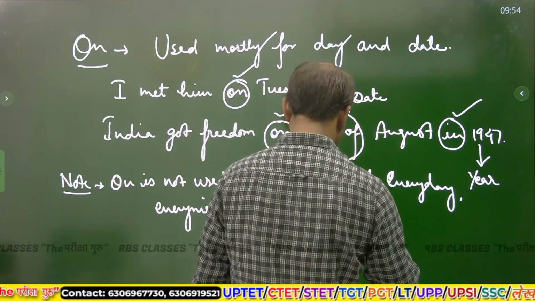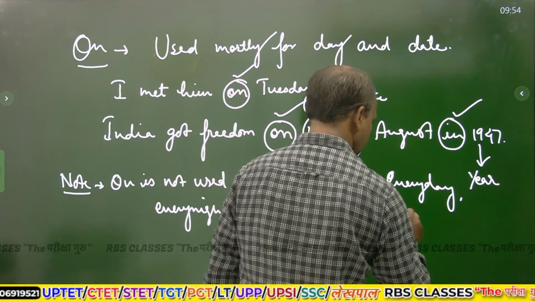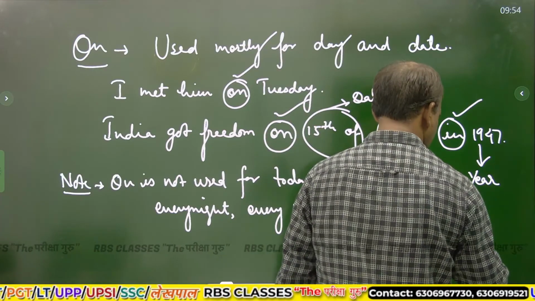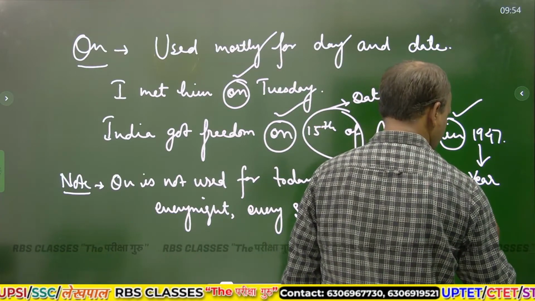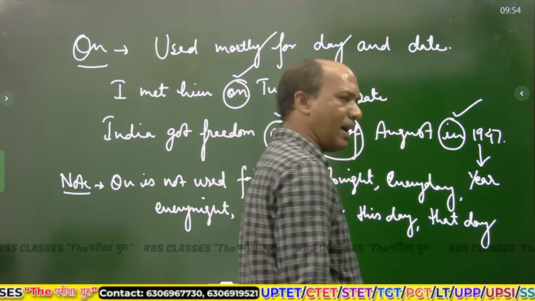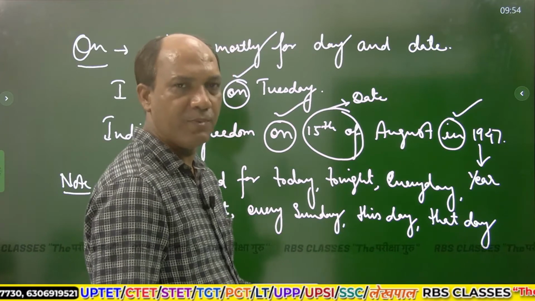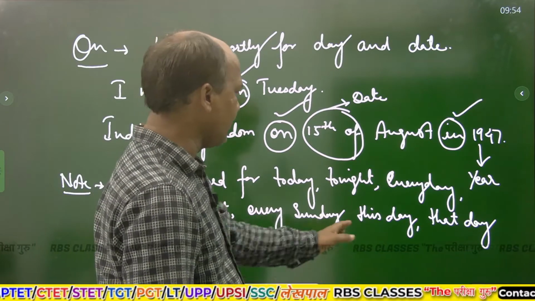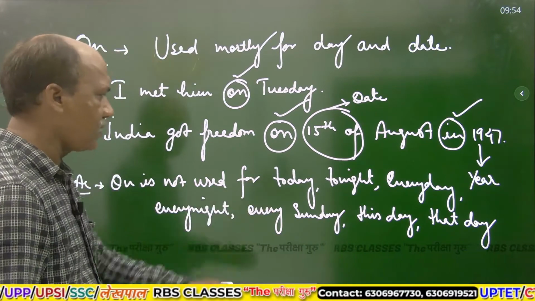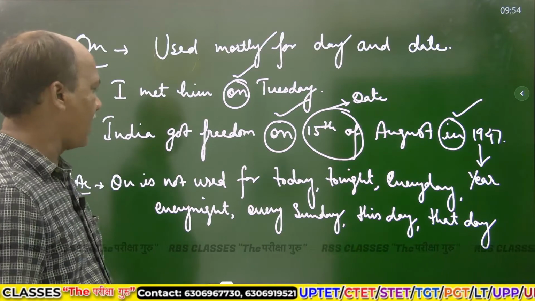या this day, that day, it means this night, that night, this Monday, that Monday. Try to understand. If these words are added before these times, you must not use on for that.